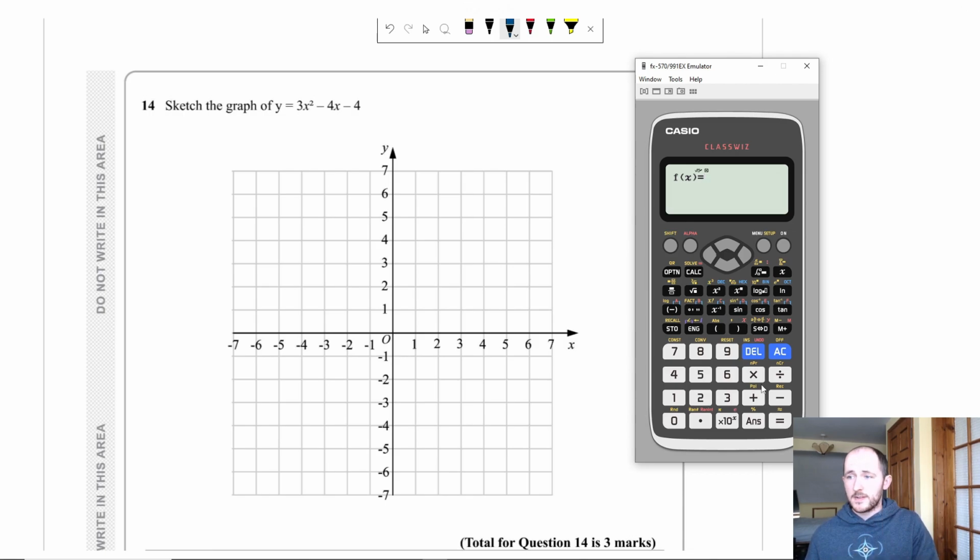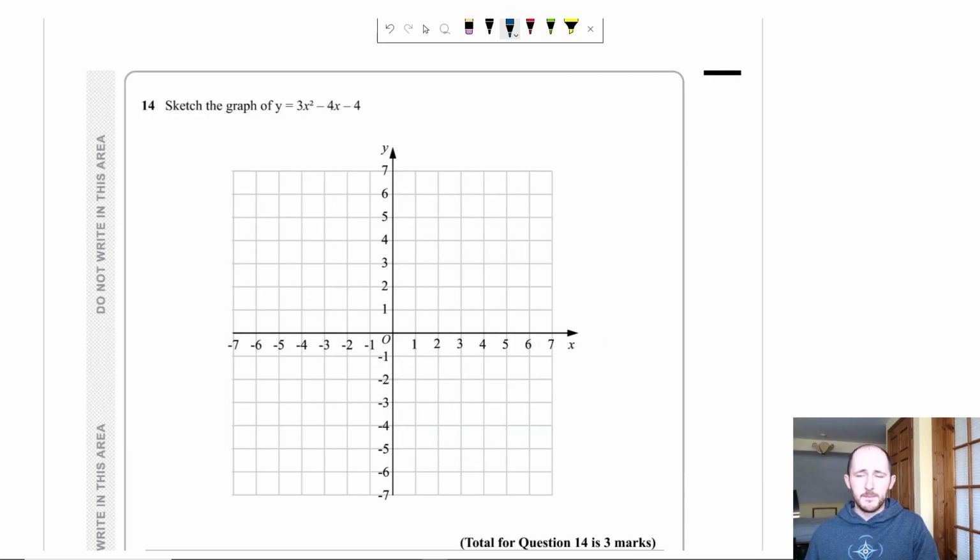If it said plot, right, you could type the whole equation in here, and then basically get all the values if you wanted to. But again, this is a sketch, which is slightly different. Then all you do is this, start from whatever, so we could do it from -7 to +7, steps of 1, boom, there you go. You can plot all of your values now. Easy, right?